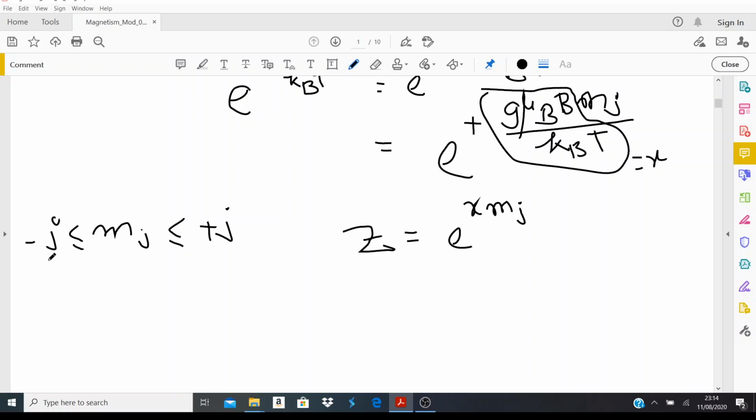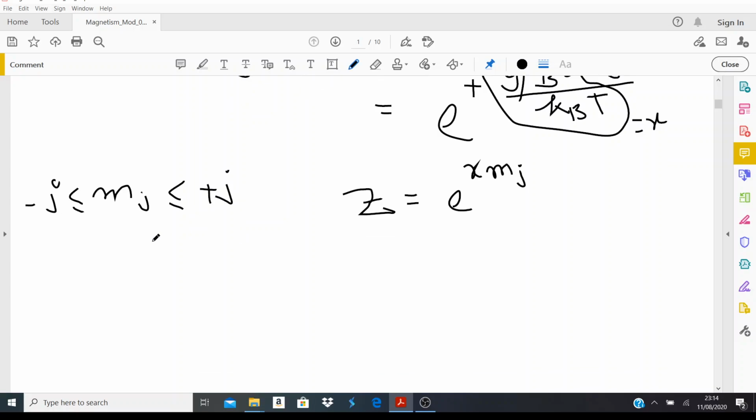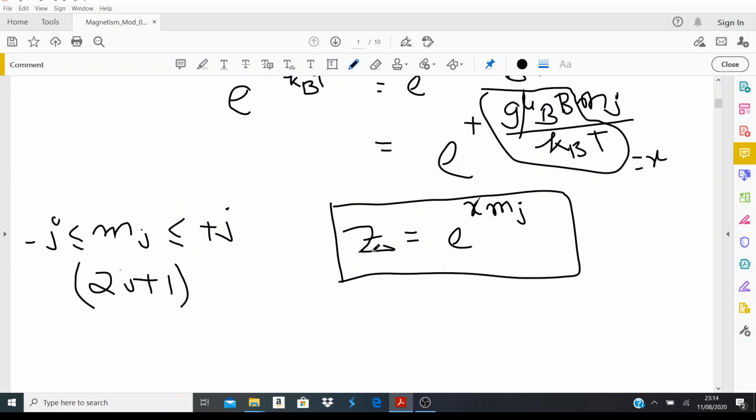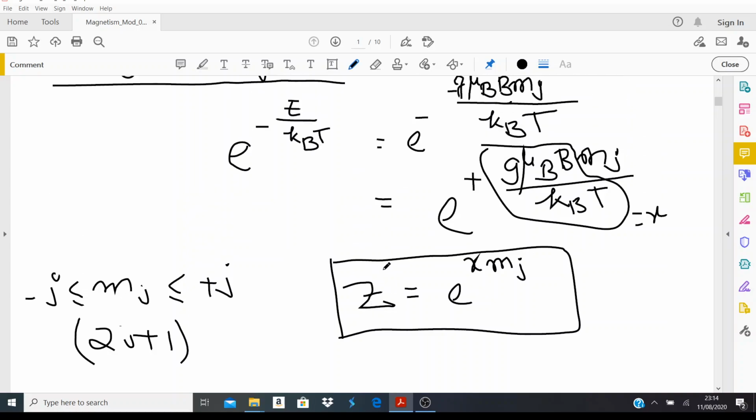So it starts from minus j, goes all the way up to plus j, so it has 2j plus 1 different values, right? And this is the expression for our Boltzmann factor. And I think I have made a mistake here, and this should be Boltzmann factor, so maybe B.F.